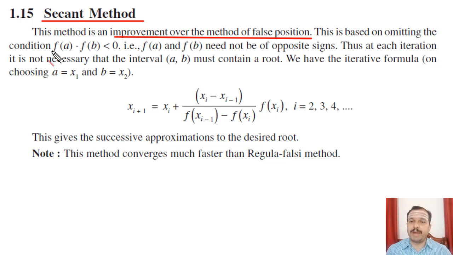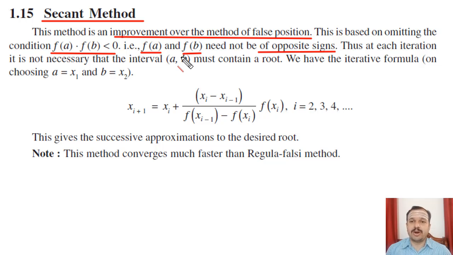In this method, the advantage is that the condition f(a) into f(b) less than 0 is dropped. That is, in the earlier two methods, the bisection method as well as the regular false position method, we were using the condition that f(a) and f(b) must be of opposite sign, and only then were we applying the formulas of those methods. But in this method, this condition is not at all imposed.